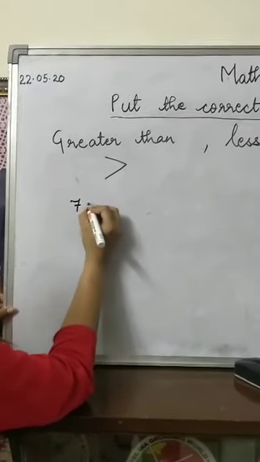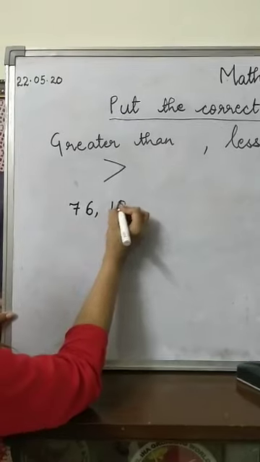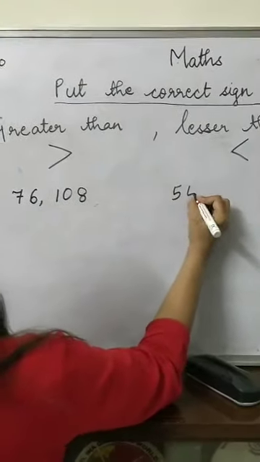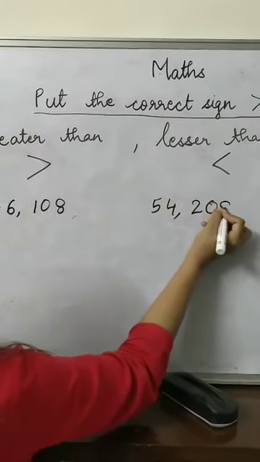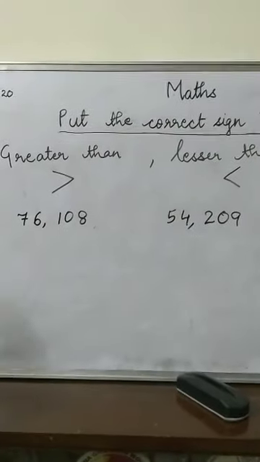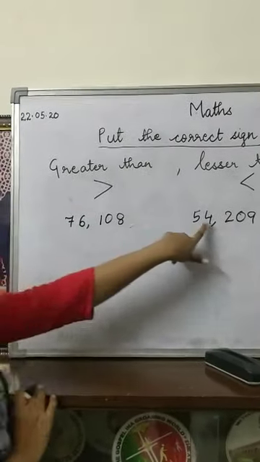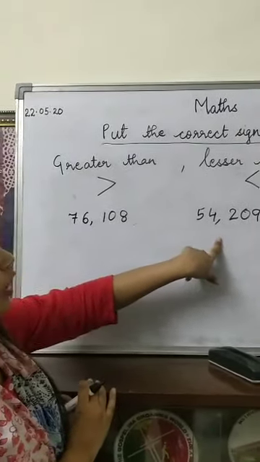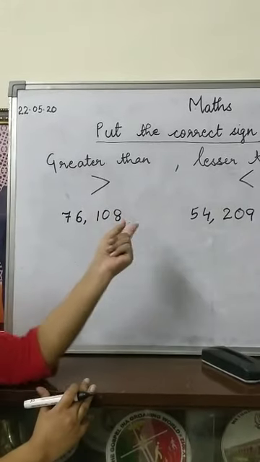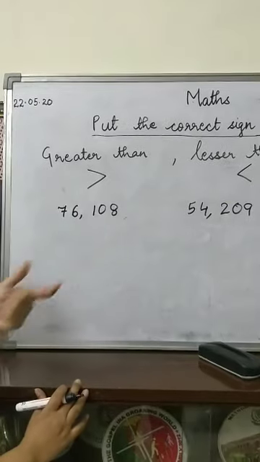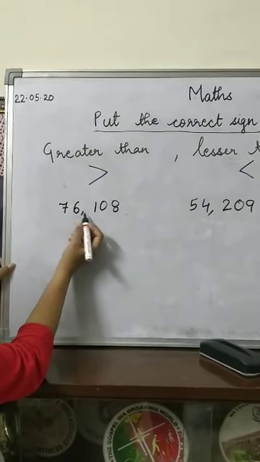For example, 76,108, and here I give you 54,209. So now you are seeing here it is written 76,108 and here it is 54,209. You have to compare these two numbers. So by which digit will you compare? You will see the ten-thousands and thousands digits.